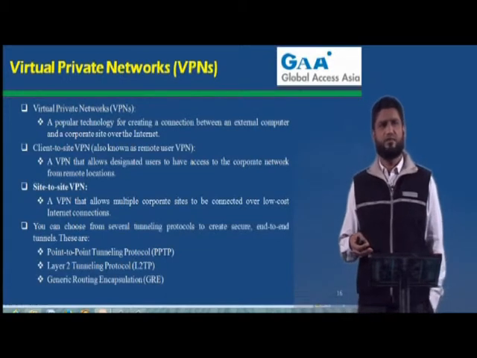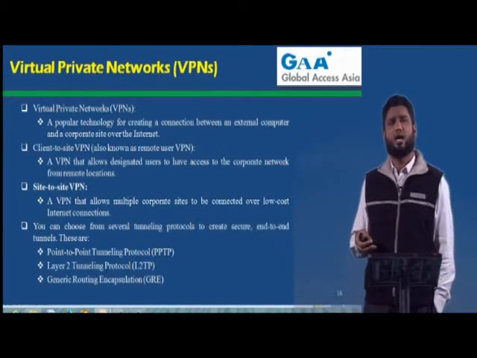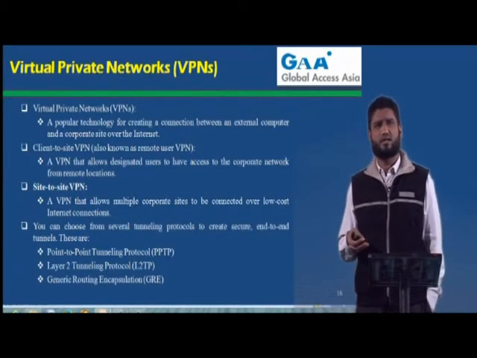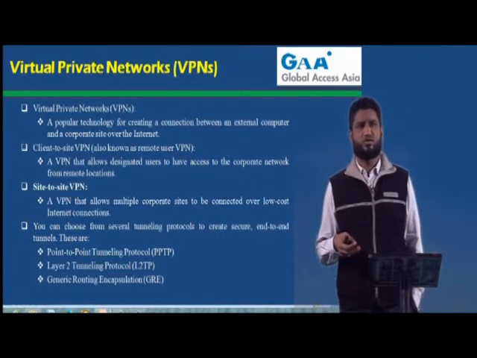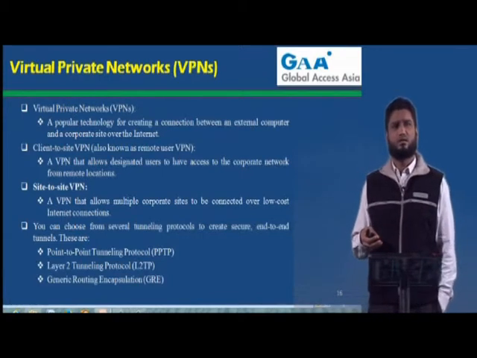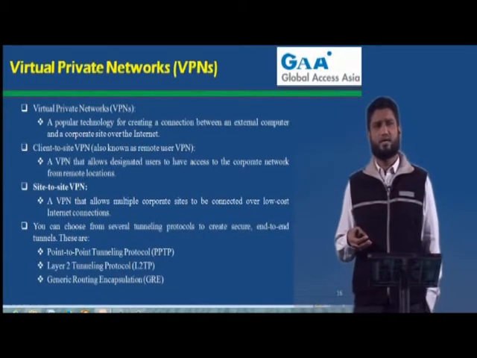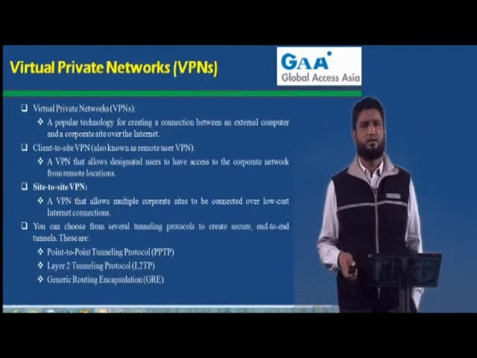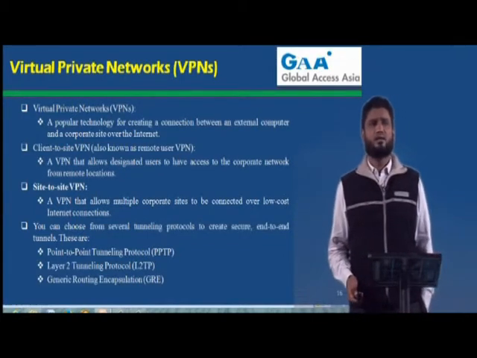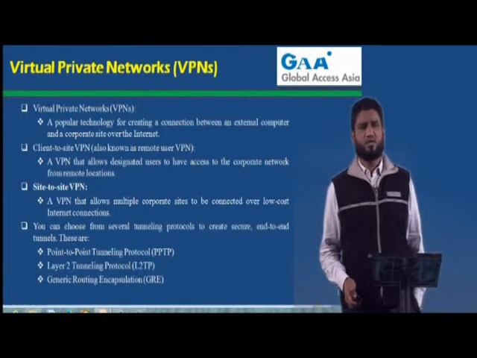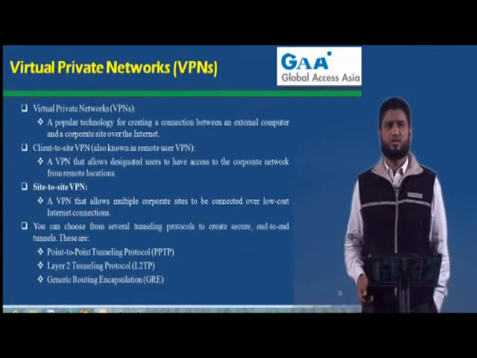Site-to-site VPN is a VPN that allows multiple corporate sites to be connected over low-cost internet connections. It can choose from several tunneling protocols to create secure end-to-end tunnels: point-to-point tunneling, layer 2 tunneling, and generic routing encapsulation can be chosen from these.